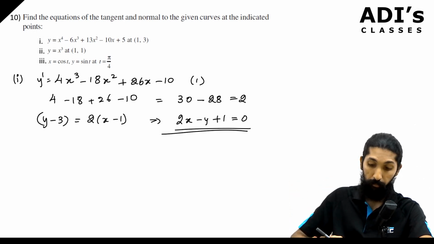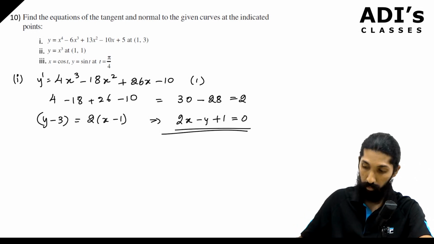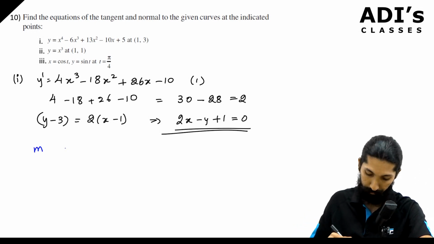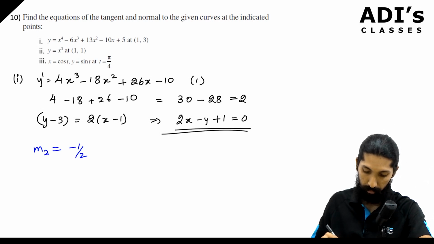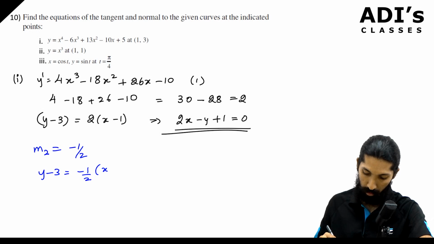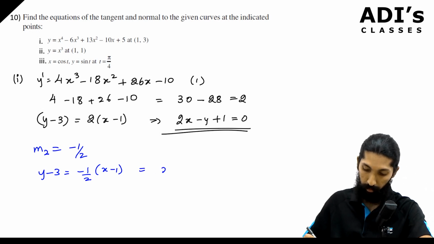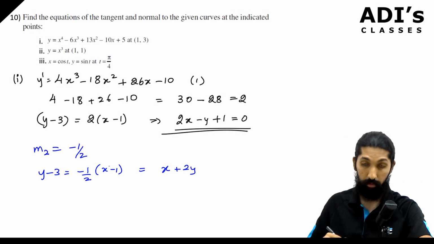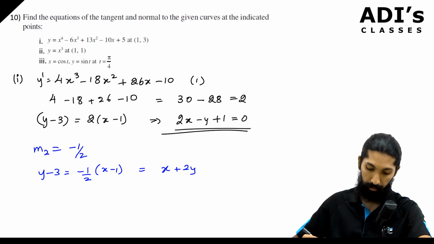Now slope of the normal. So the normal part, you can say m2 will be equal to minus half, isn't it? So you'll get y minus 3 is minus half into (x minus 1). So now you can write this as x plus 2y, because the 2 goes that side, and x you can take it here.